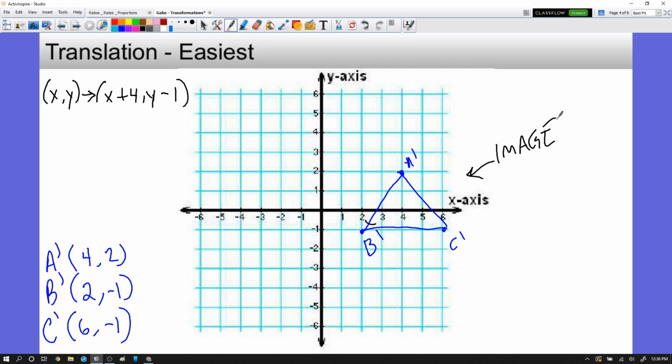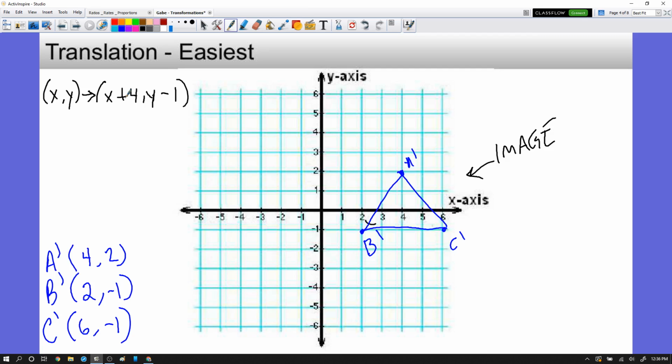A transformation was already done. How am I supposed to find the original of what happened? Well, I know that everything based on this rule, everything was moved 4 to the right and 1 down. We just saw that process take place. If I wanted to go backwards, how could I undo moving 4 to the right and 1 down?